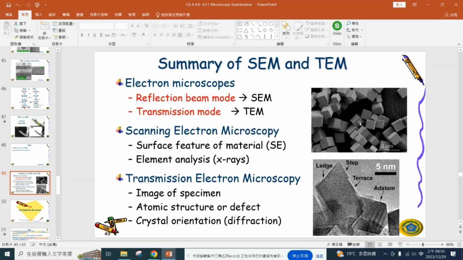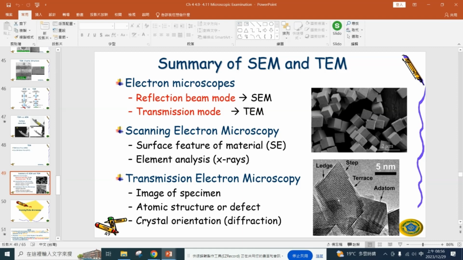The second one is called TEM, the transmission electron microscope. The electron beam uses transmission mode to shoot through the objects. As you know, with the SEM, you don't know what is inside. But with the TEM mode, you can see there are actually many pores or lattices in the cube.